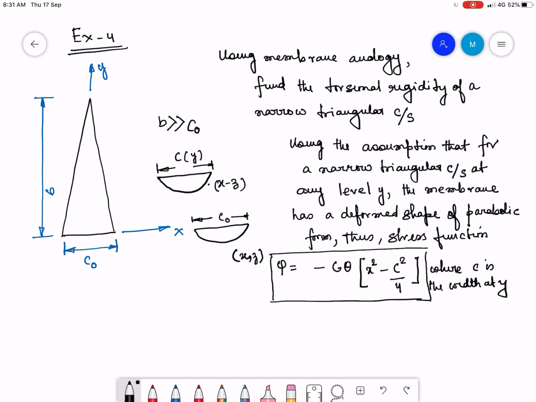Now, if it is the stress function, we can relate the applied torque MT in terms of this stress function using the integral.